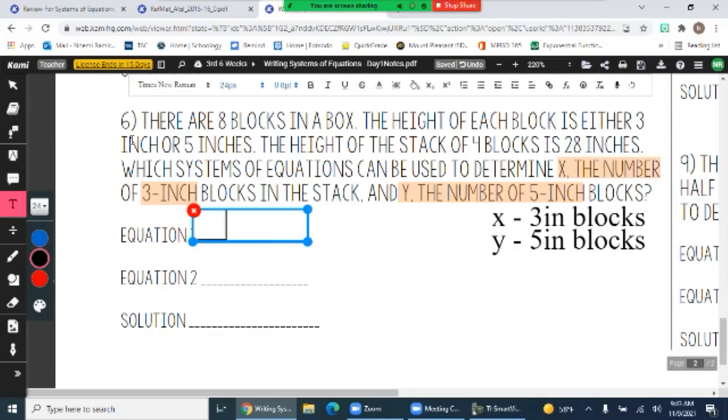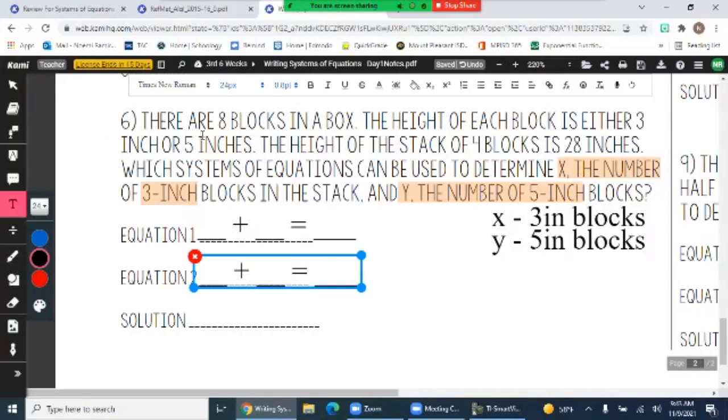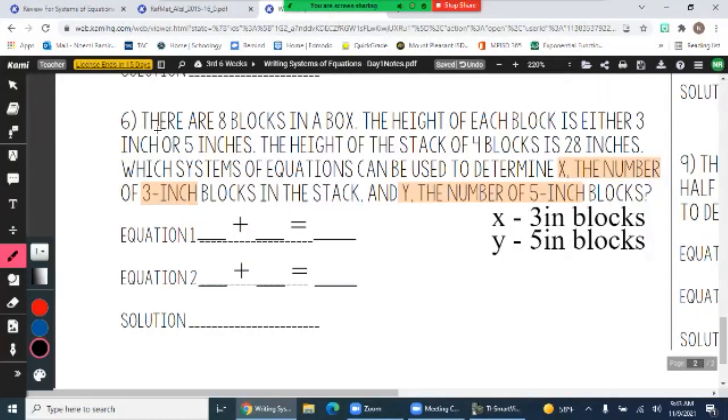What are my totals? Totals always go over here. I'm going to highlight totals here. The height of the stack of the 4 blocks is, means equals, 28 inches.